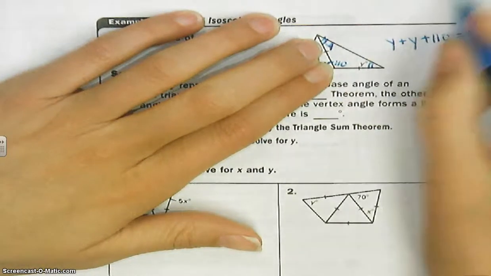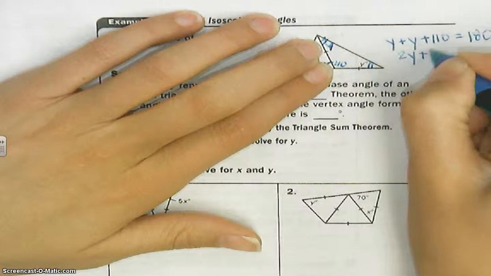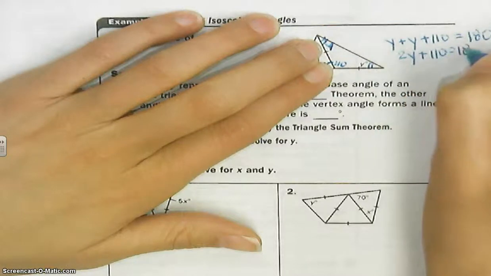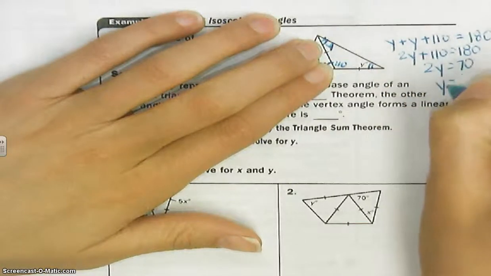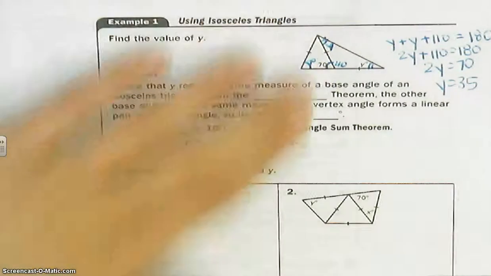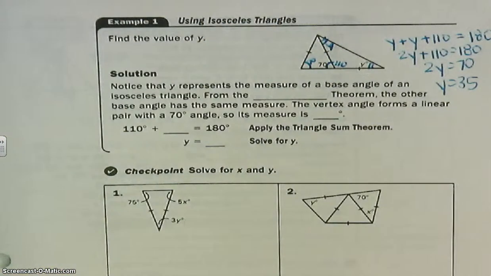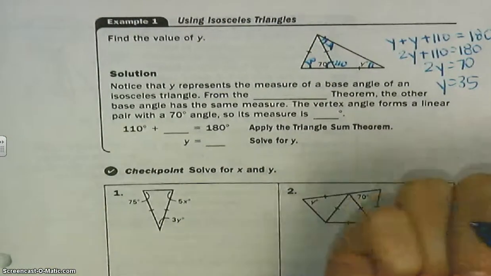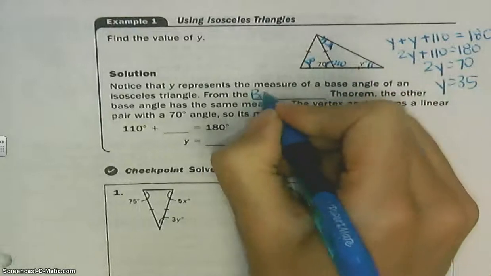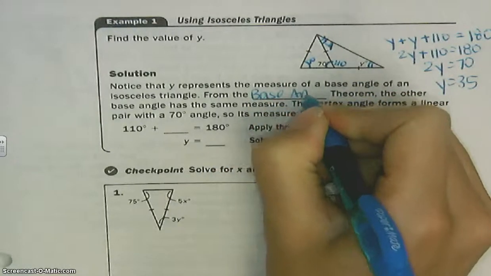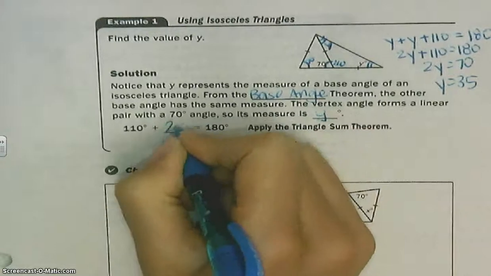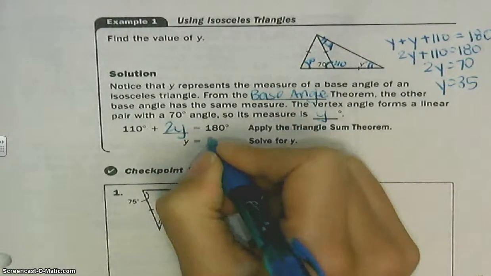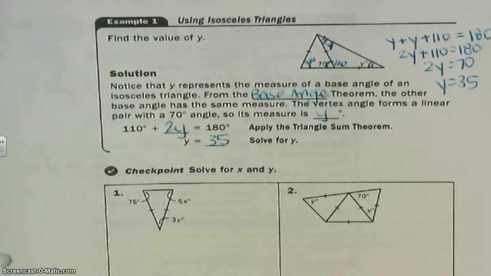So now I can solve this. 2y plus 110 equals 180. So 2y equals 70. y equals 35. Some of you probably could have done that in your head without the algebra, and that's great. So we just use the base angle theorem, and we ended up with 2y here, and we got y is equal to 35.